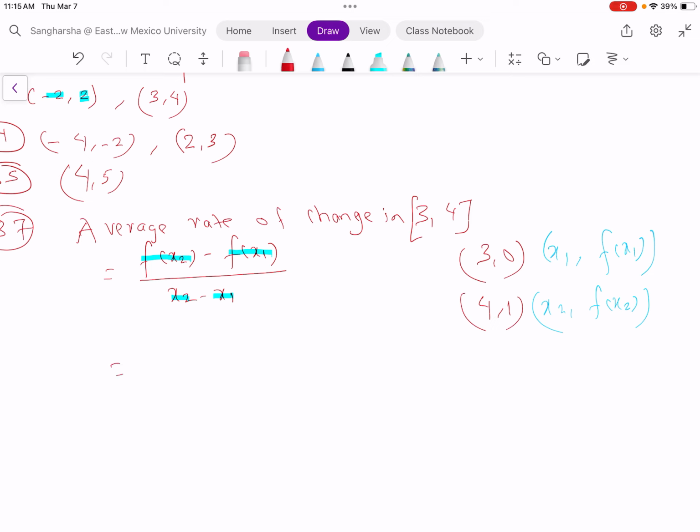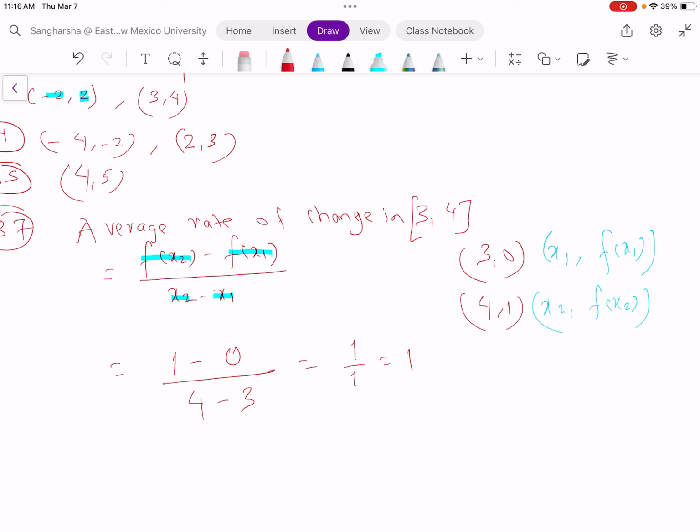So we have f of x2 is 1 minus f of x1 is 0, divided by x2 is 4 minus x1 is 3, and this is 1 over 1, which is 1. So 1 is the average rate of change. When you are finding the average rate of change, you need 2 points, a starting point and an end point of that graph in that interval.